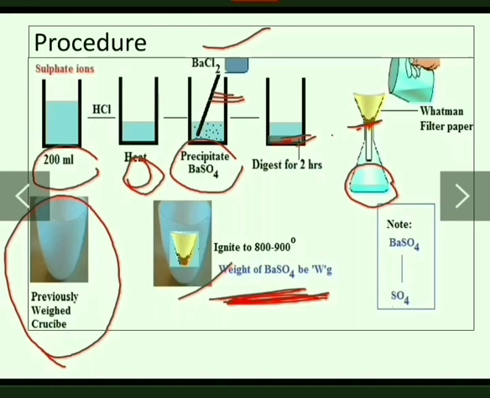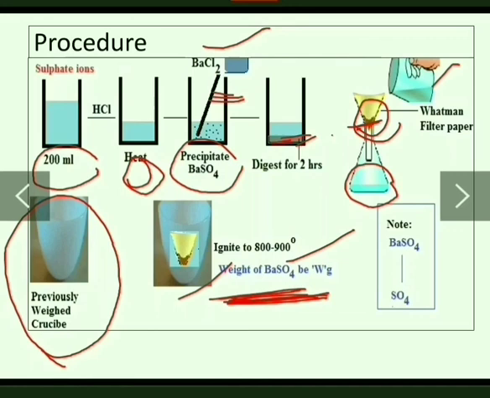Using Whatman filter paper, you have to filter it, and the precipitate has to be transferred to the previously weighed silica crucible. Then it has to be ignited to 800 to 900 degrees Celsius. Cool it, weigh it again. The difference in the weight gives the weight of barium sulfate present in the 200 ml of water sample.